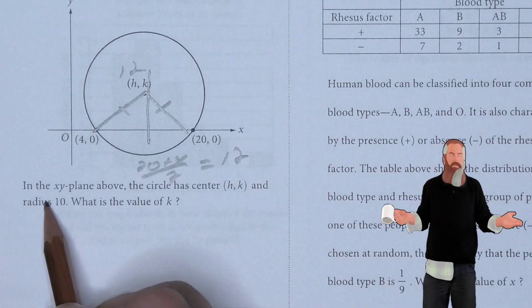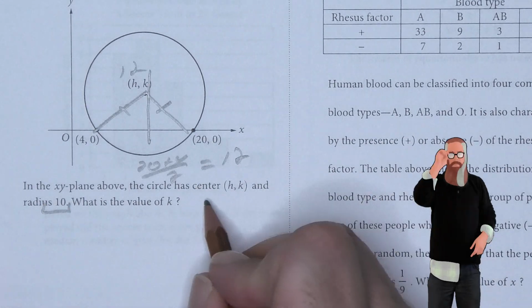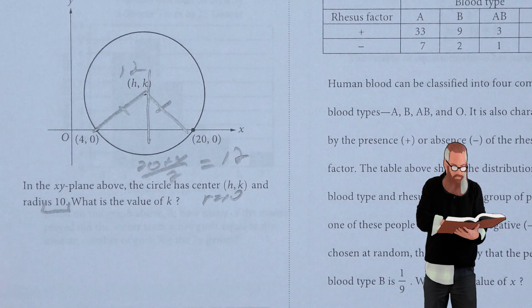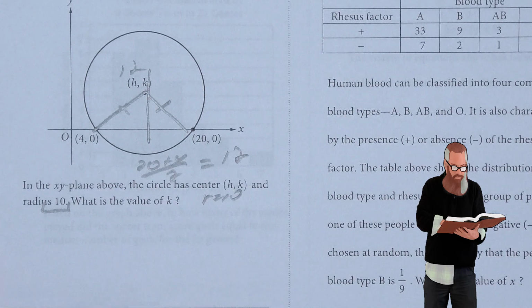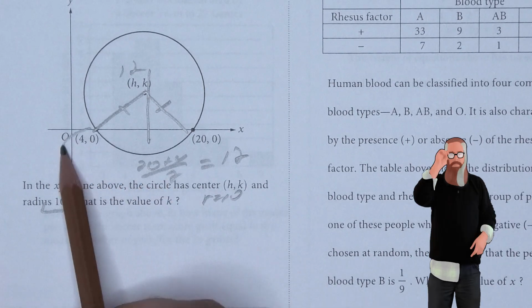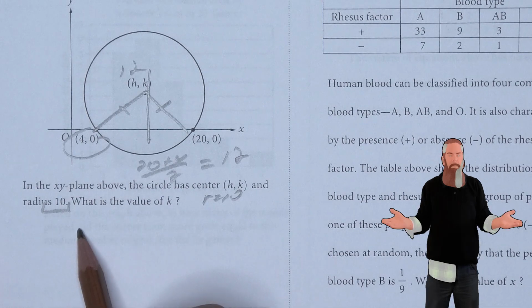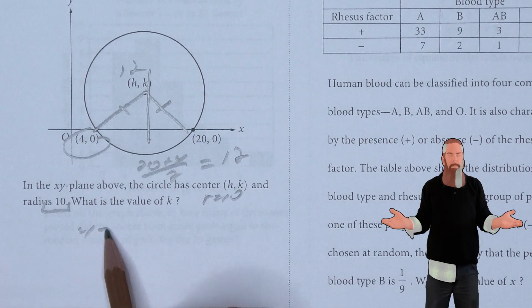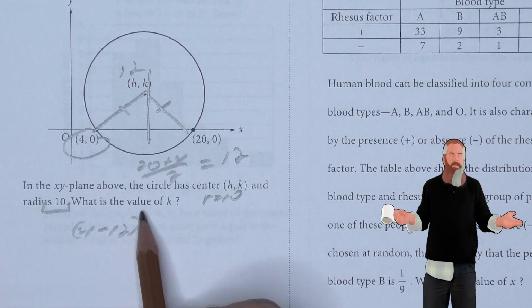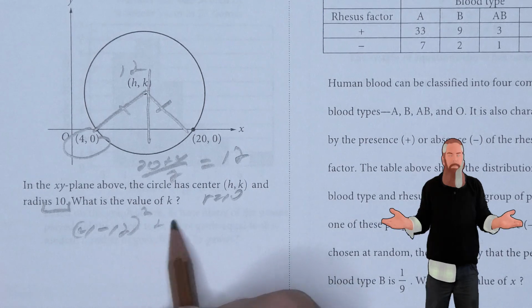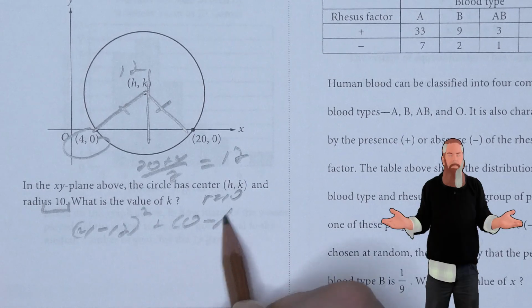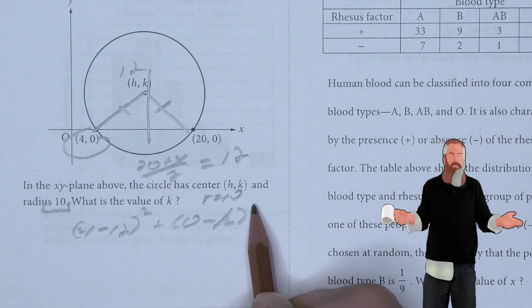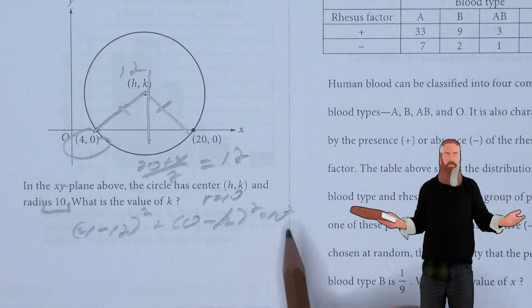One of the things we do know is that the radius is equal to 10. So if I were to deal with the equation of the circle and the point (4, 0), this would mean that I would have (4 minus 12) squared plus (0 minus k) squared is equal to 10 squared.